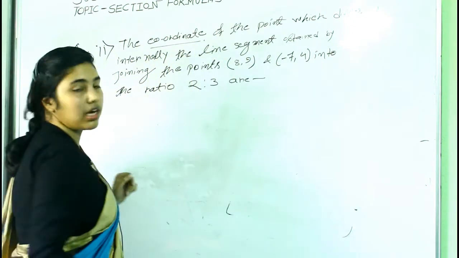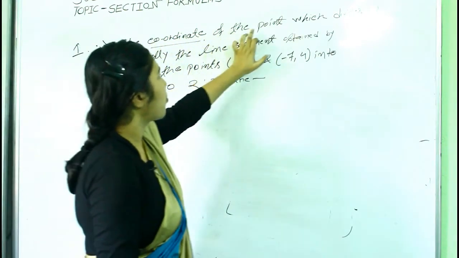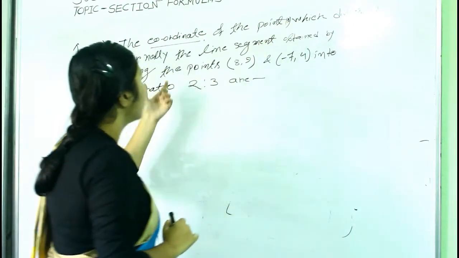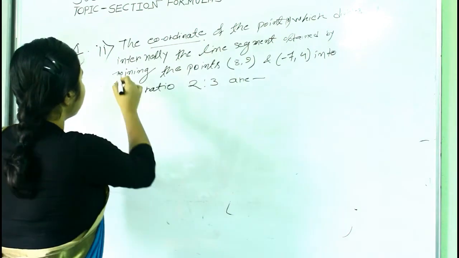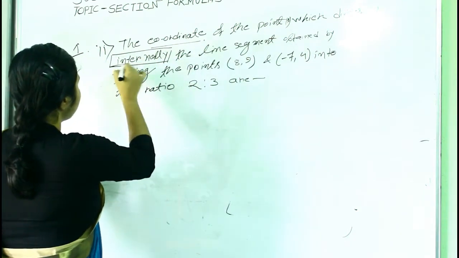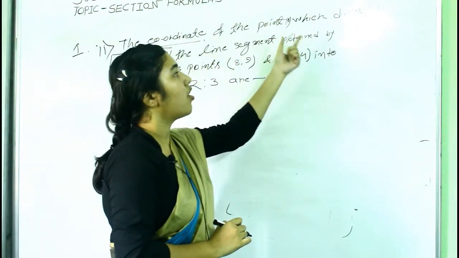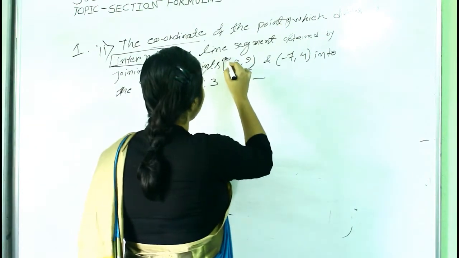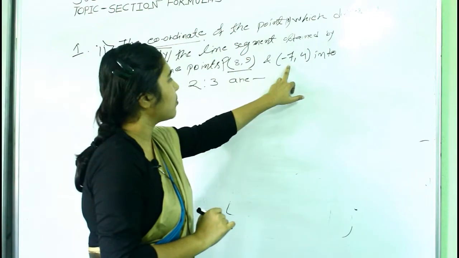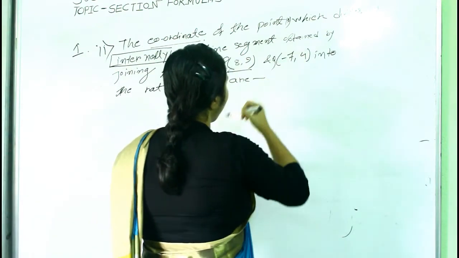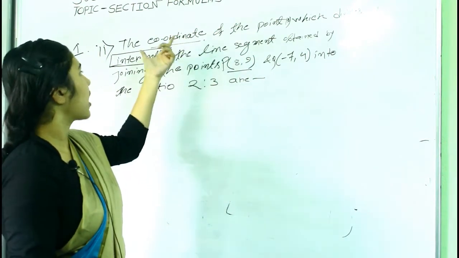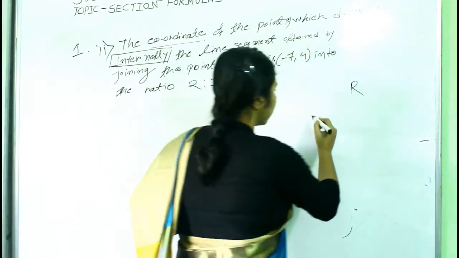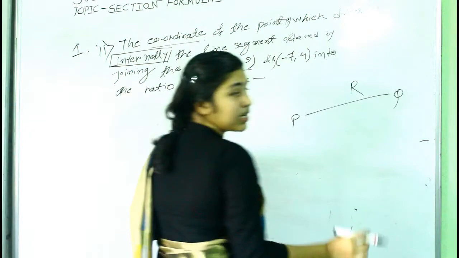So here in this question we have to find the coordinates of the point, suppose R, which divides internally the line segment obtained by joining the points (8, 9), suppose name this point as P, and (-7, 4), name this point as Q, which means we have to calculate the coordinates of the point R which divides the line segment PQ internally.